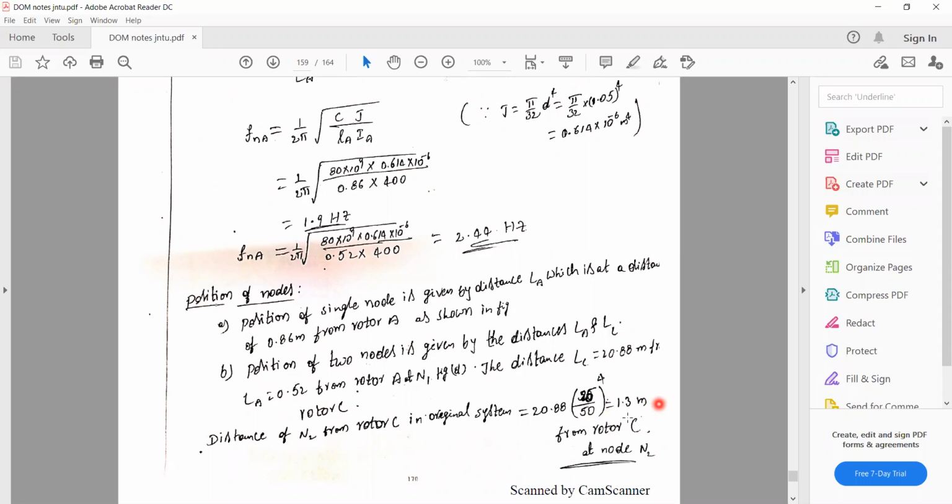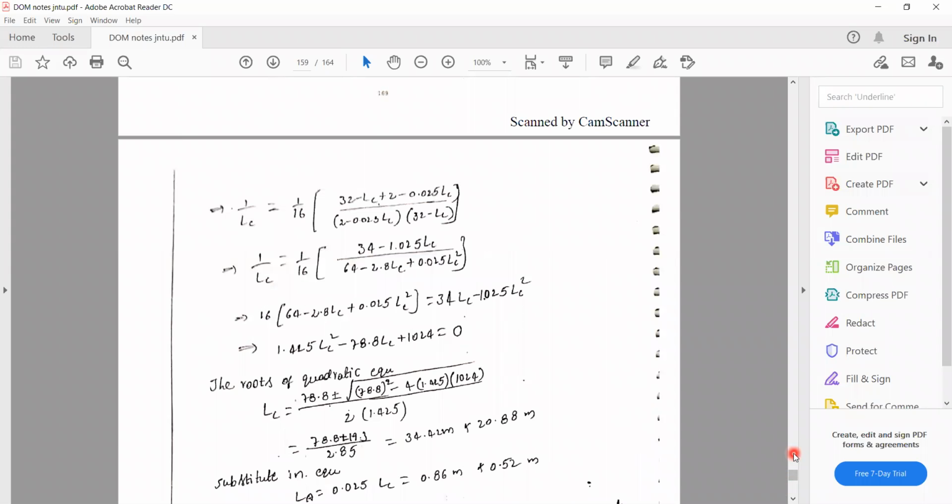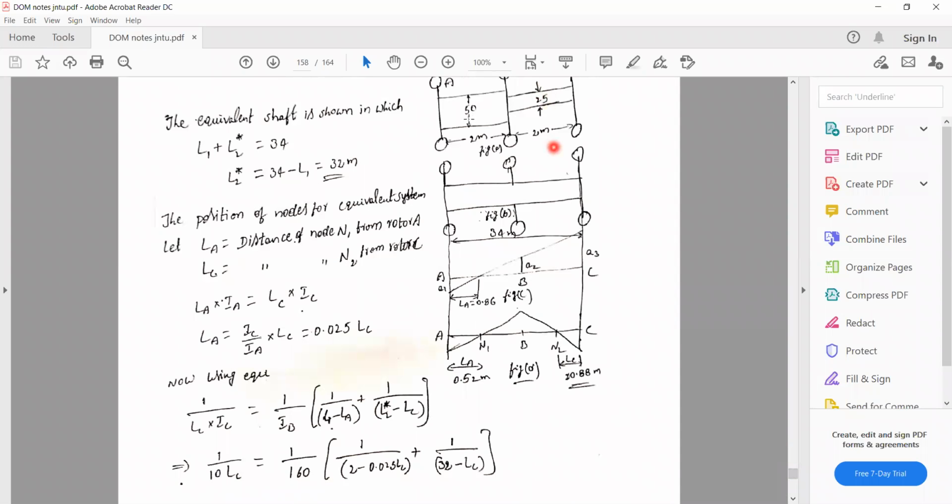Why did we calculate the 1.3 meters from rotor C? This means you have to find out the uniform dia of the shaft, but you want to find out this place, where the 4 meter length of different dia and different lengths of the shaft is there, where you have to get the nodes in this arrangement.